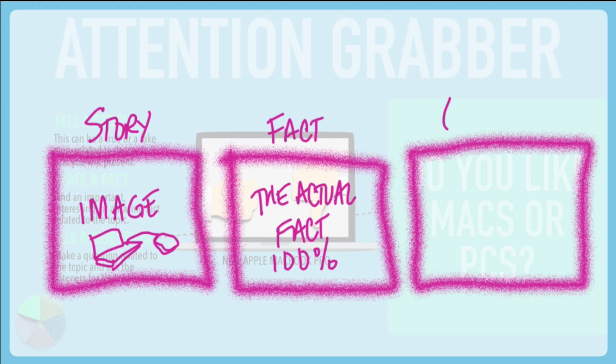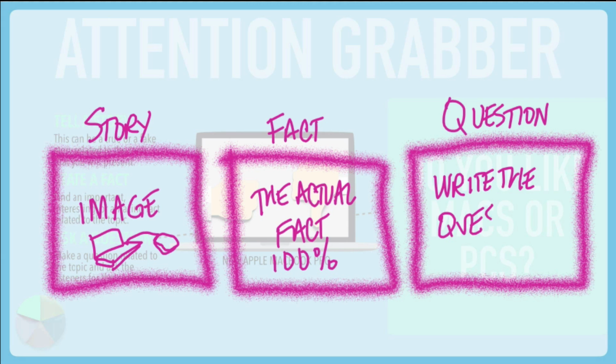Now, if I chose a question, or if you choose to use a question as your attention grabber, you will write the question on the screen. Okay? So the question will be the only thing on the screen when you're doing this part of your presentation.